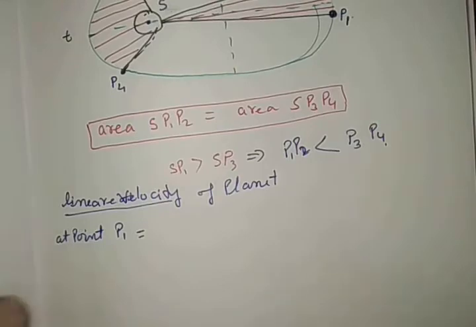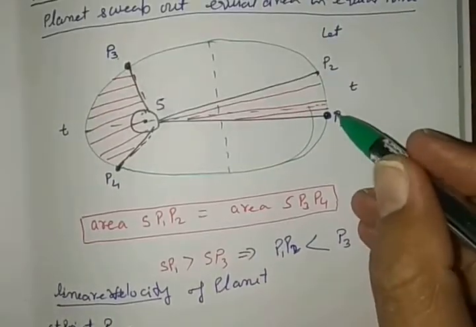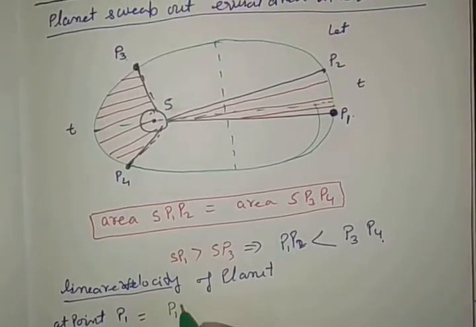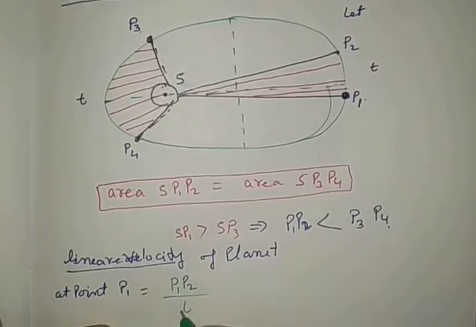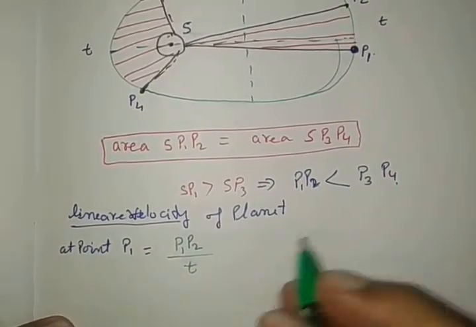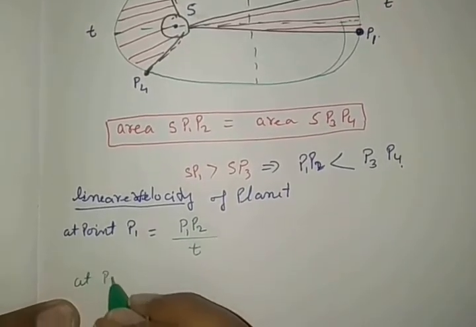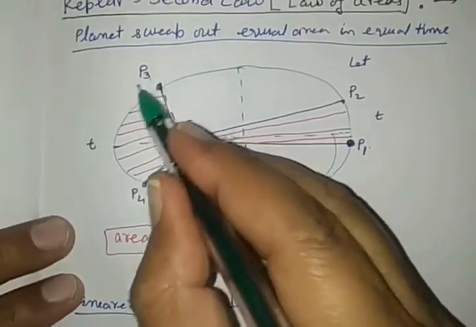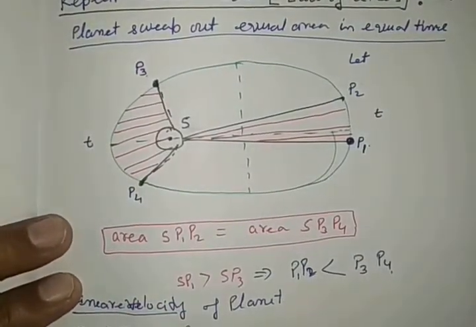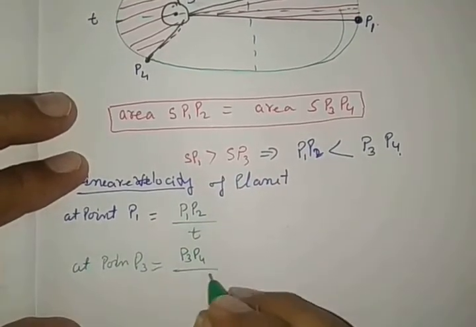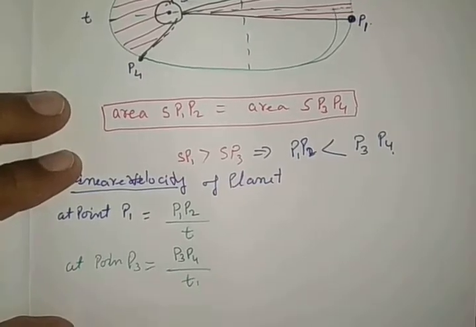When we calculate, we take the linear distance traveled, P1 P2, in time t, and the linear velocity of the planet at point P3, if you want to calculate, the planet moves from P3 to P4, is P3 P4 by t. See, the time is the same, equal time.